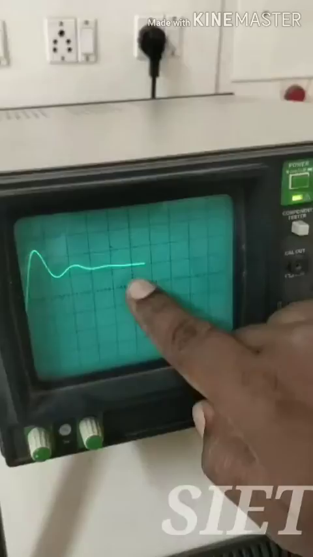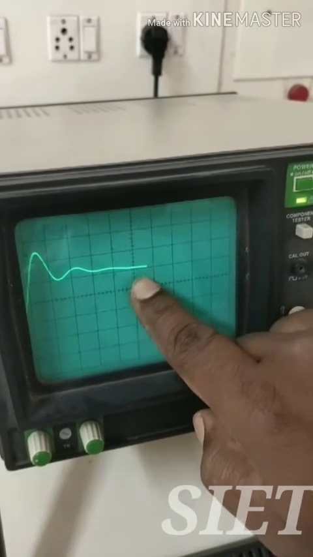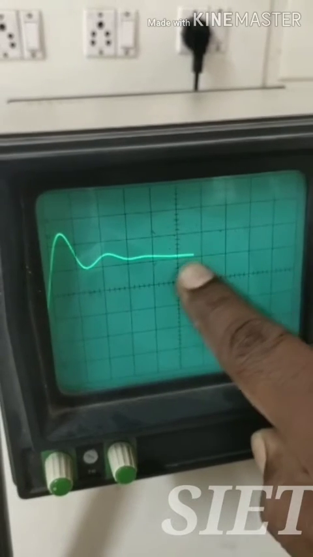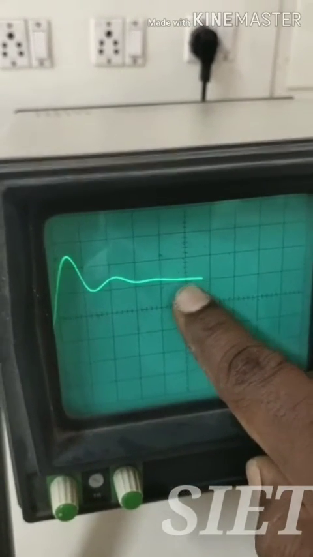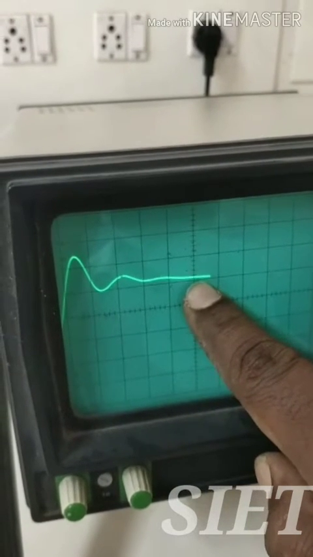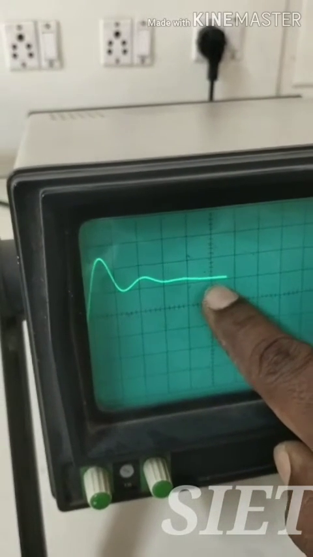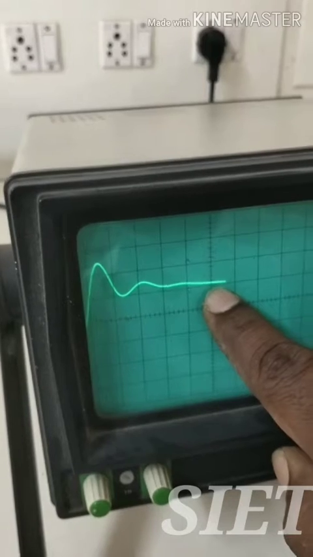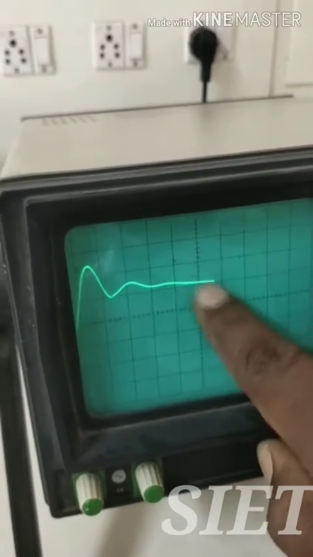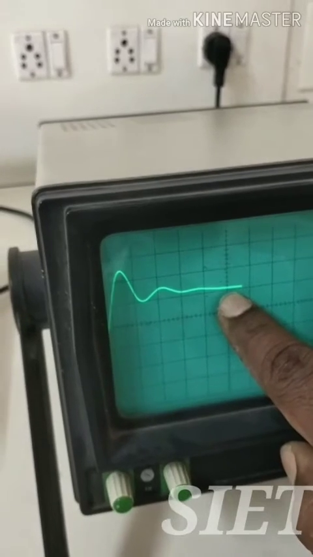Then afterwards, measure the steady state error. The space in between the settling down and the final value we call the steady state error. This steady state error we have to measure from the final value to the settling curve.